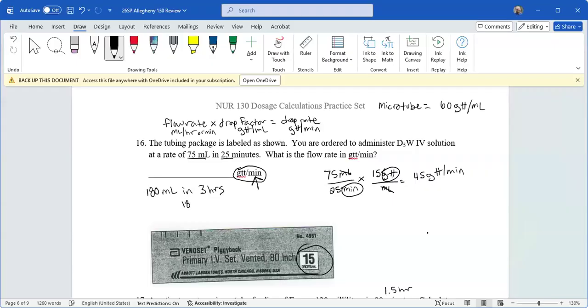Tried to trick y'all, but I didn't. So if you took the 180 ml, you can convert right away 3 hours into minutes. So 3 times 60 is just 180 minutes. So those cancel out, and you're just left with 15. And so your answer would just be 15.